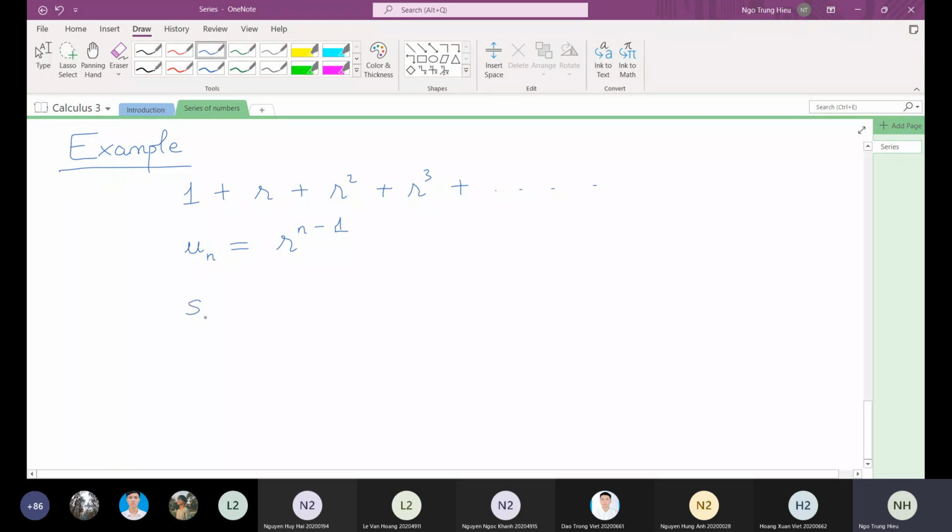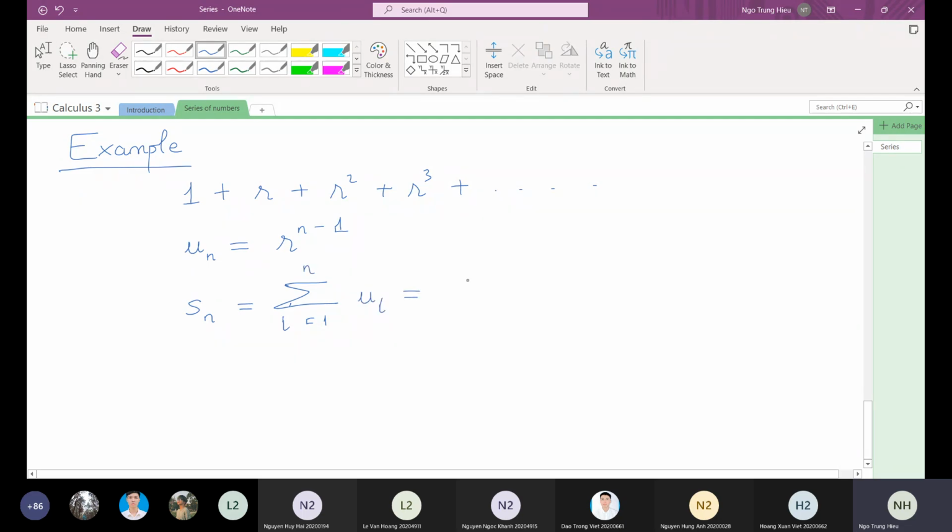So the partial sum equals the sum of i equals 1 to n of ui.